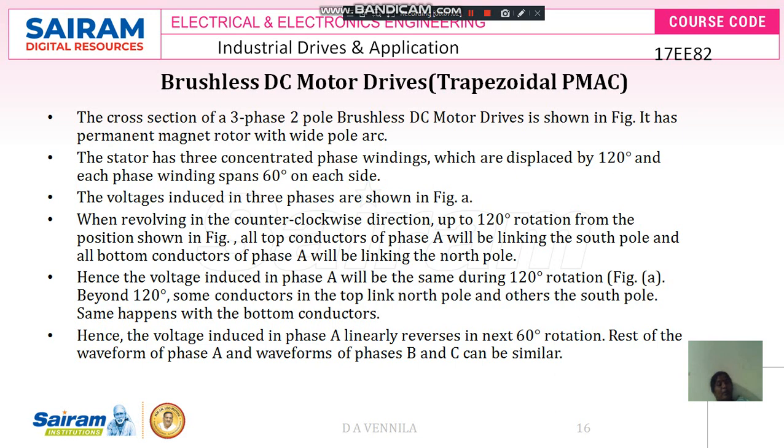Using an electronic drive, we are going to do the commutation. In the brushless DC motor, the stator and rotor flux are maintained at a constant angle between them, which is similar to a DC motor.